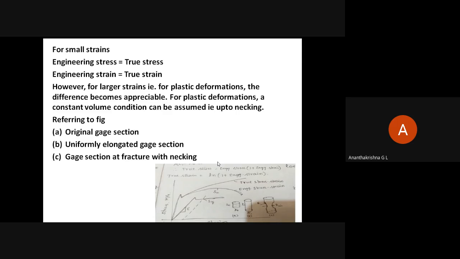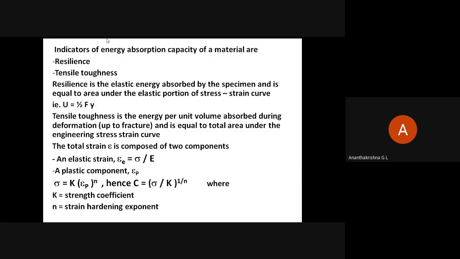From the stress-strain diagram, two things can be observed: resilience and tensile toughness. Resilience is the energy absorbed by the specimen, given by the area under the triangle in the stress-strain curve, half F into Y. Tensile toughness is the energy per unit volume absorbed during deformation, equal to the total area of the engineering stress-strain curve.